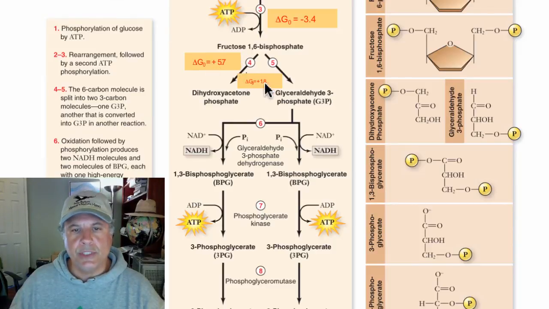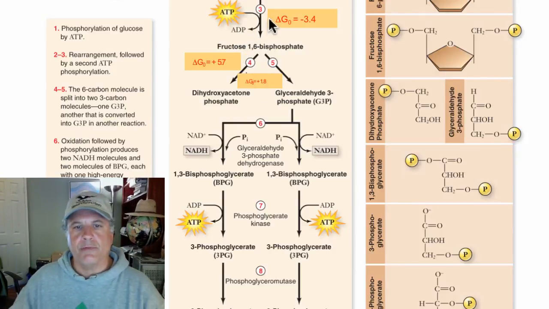So this introduces you to the concept of pushing and pulling biochemical reactions by the relative concentrations of reactants and products. In this case, the products are rapidly utilized and the reactants are produced at high concentration. And so we push this reaction from above and pull it from below.